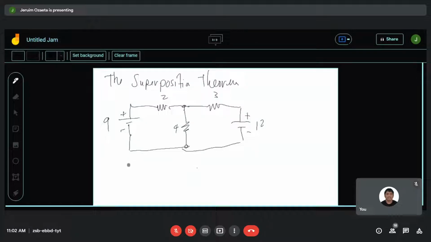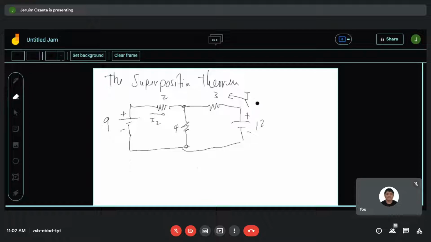Sabi niya ng superposition theorem, if there is a current coming from the 9 volts, let's call this I at 9 volts, I at from 12 volt supply, there will be a current, sabihin na lang natin ito, sabihin na natin ito I sub 2. Ito I sub 3.